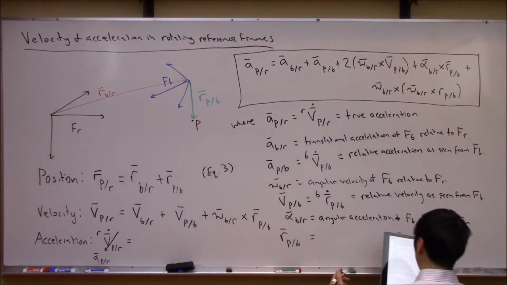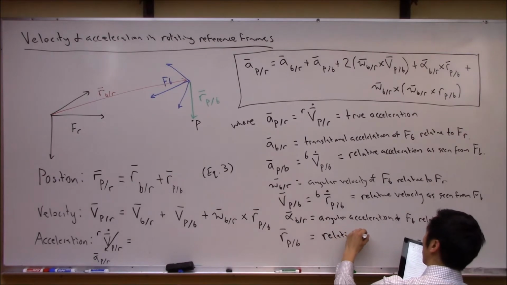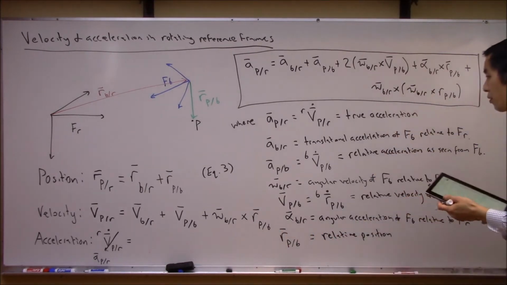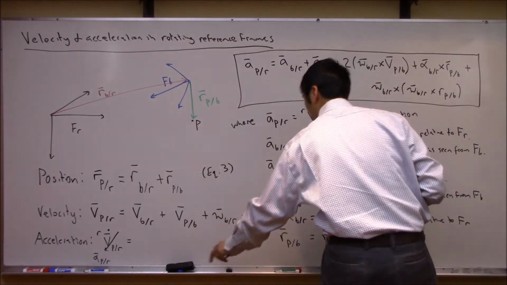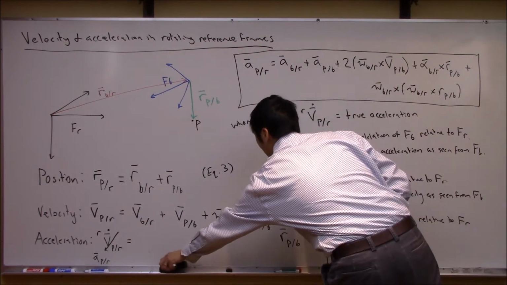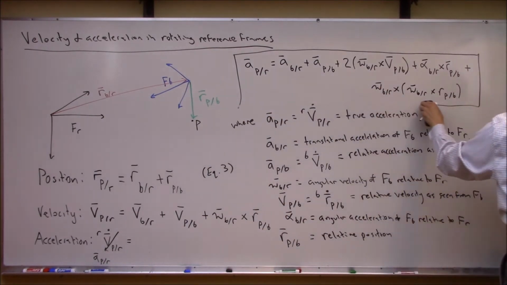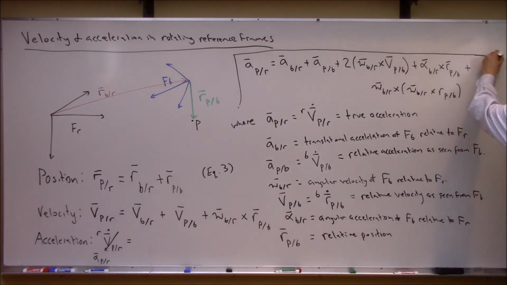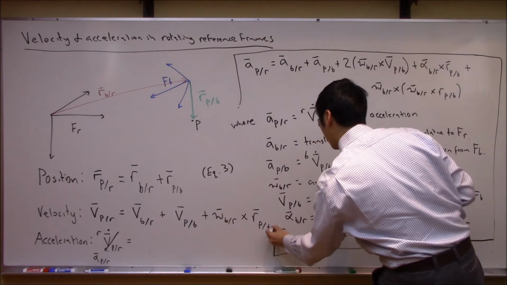It's just that green vector, so you can think of this as the relative position of the point of interest with respect to the body frame. Maybe we should extend this box here, because the equation by itself is definitely helpful, but in order to understand it, we really need all of these other bits so we understand what all of these terms are.